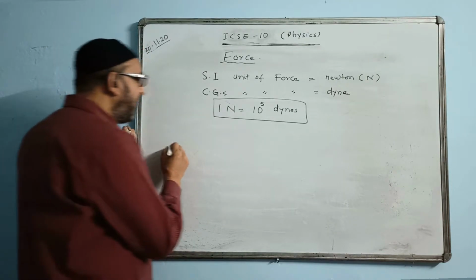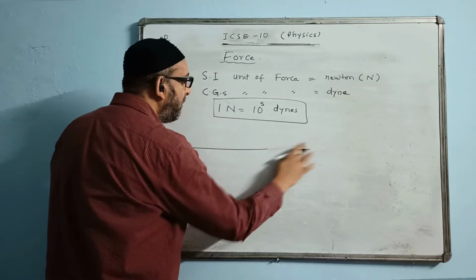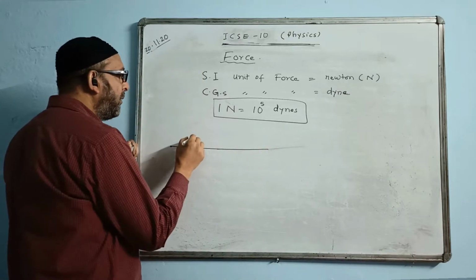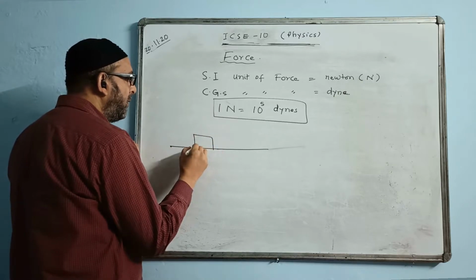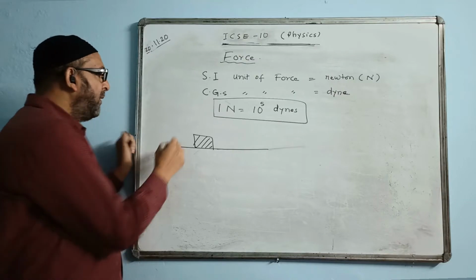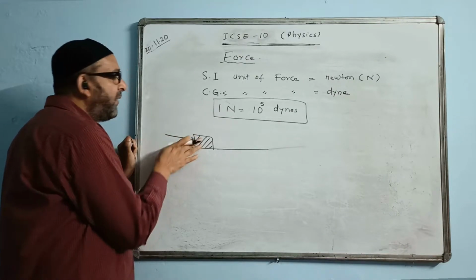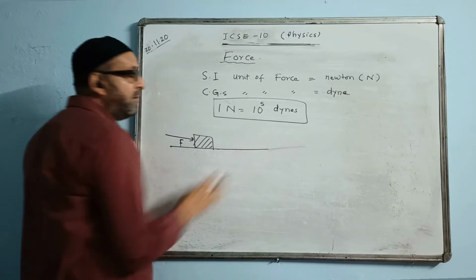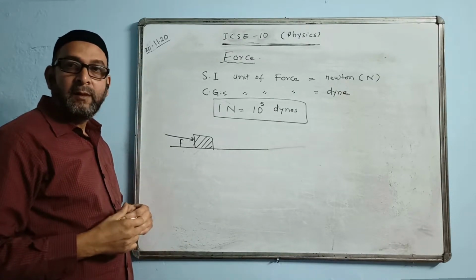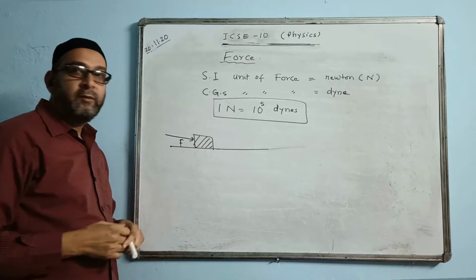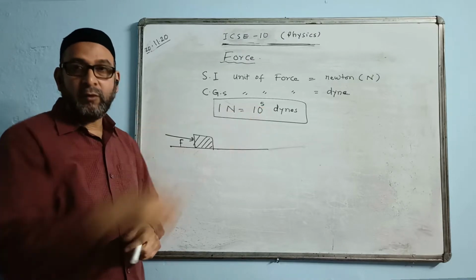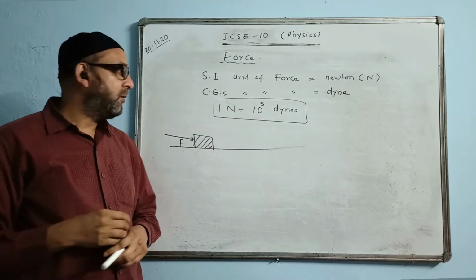For example, we have a surface like this and a body is lying here. There is no hinge provided to it. We will apply a force like this. We will find the body will move in the same direction as the force. Such a motion is called translational motion. Motion of a body in a straight line path is called translational motion.